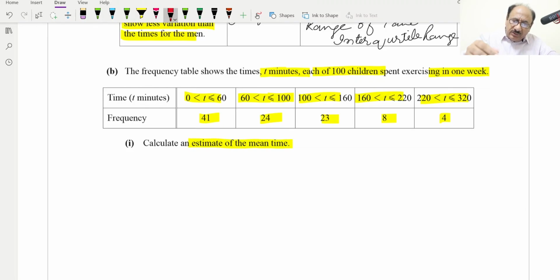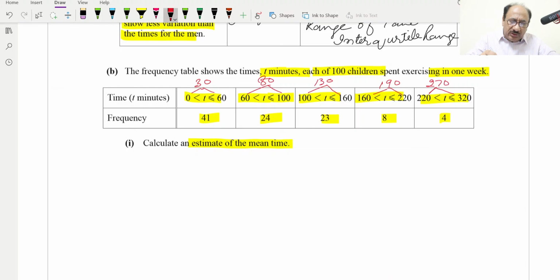For that, we will calculate the mid values. The mid value of this will be 30. Similarly, the mid value of this one will be 100 plus 60 divided by 2, which is 80. Mid of 100 and 160 is 130. Mid of these two values will be 190. Similarly, mid of these two values will be 270. So we can add 220 plus 320 and divide it by 2.